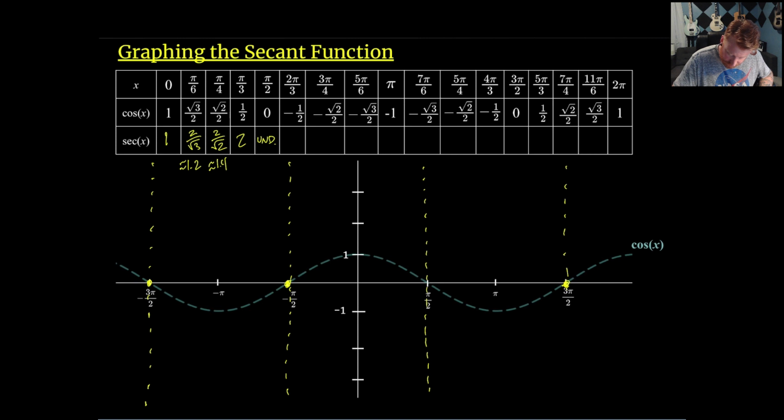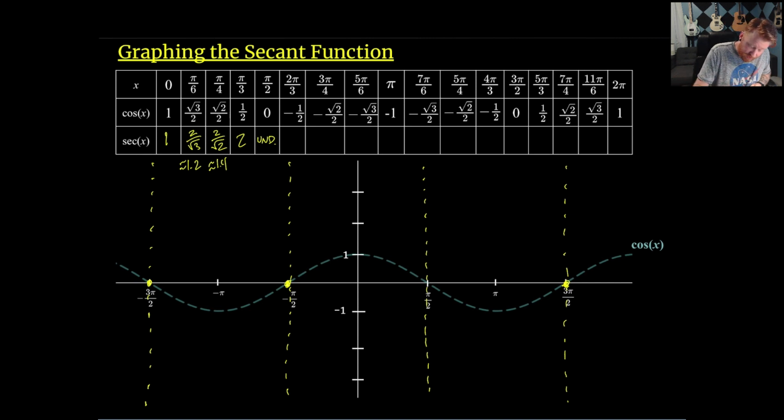So we can sketch in all of these vertical asymptotes straight off there. You can also see that these are happening at odd multiples of pi over 2, which is something important when we talk about what the domain must be here. So just like before, we'll have some sort of c over b that'll correspond to a shift, and some b that'll correspond to some compressions that will change where these vertical asymptotes occur.